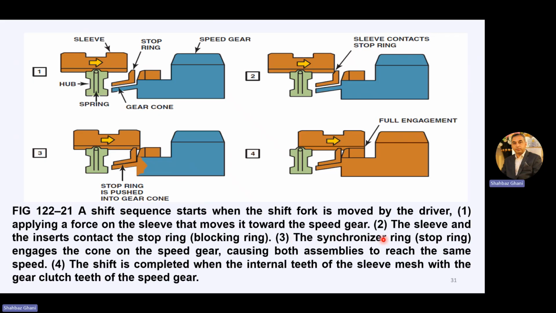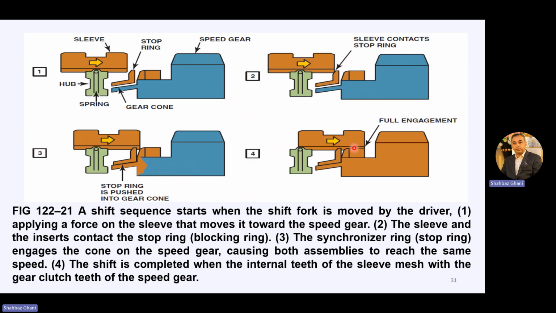The synchronizer ring, the stop ring, engages the cone on the speed gear, causing both assemblies to reach the same speed. So they are engaged here. The stop ring is pushed into the gear cone, and they start moving at the same speed. The shift is completed when the internal teeth of the sleeve mesh with the gear clutch teeth of the speed gear.